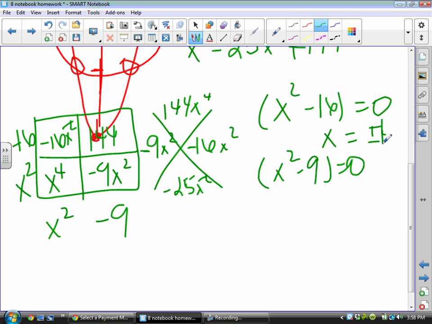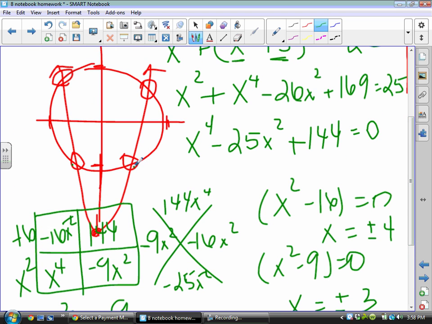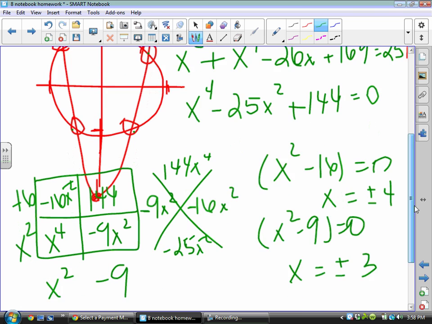That was terrible looking, let's fix that: x equals plus or minus 4. And for this equation, I take the square root of 9, which could be positive or negative 3. So I have 4 different options for the x values, which makes sense. But for my y values, if you just look at the graph, these are about the same height, and these are about the same height, so I should probably only have 2 y values.